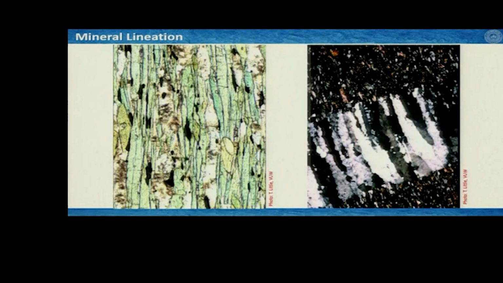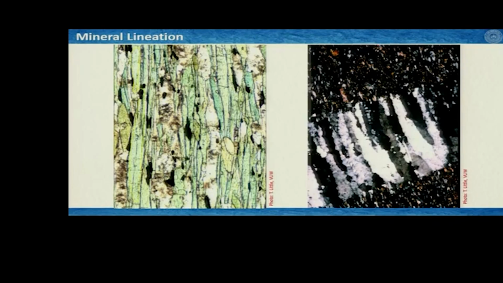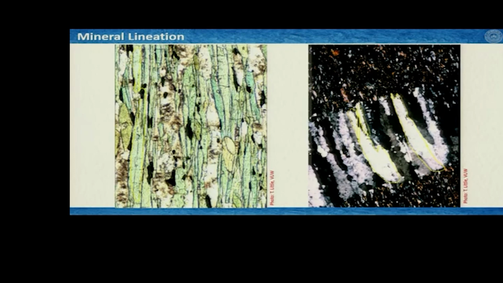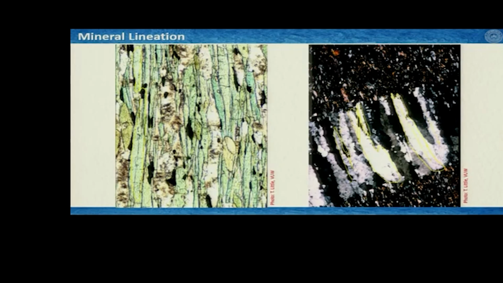So, here you see these stretched new grains, these are your mineral lineations, and also when you have vein filling, then quartz grains are pretty elongated, they grow in the open veins in an elongated manner, and these are also your mineral lineation, at least in this domain of visualization.